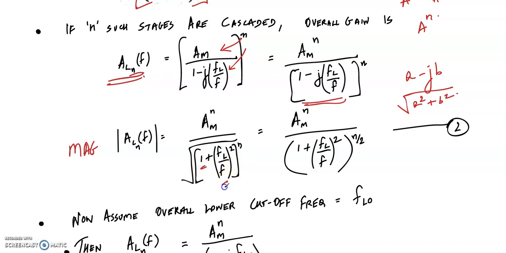A square is 1 and B square is FL by F the whole square. That is equal to AM the whole raised to n by root of, I am going to give it the new exponent, that is n by 2. You have n here already and you have 1 by 2 of that, that is of the root. This is the equation you get for overall gain with lower cutoff frequency.